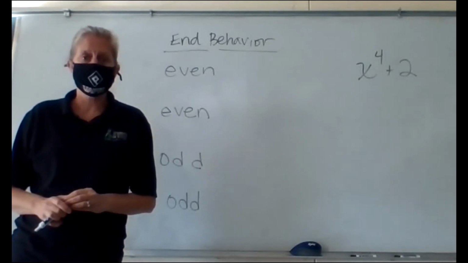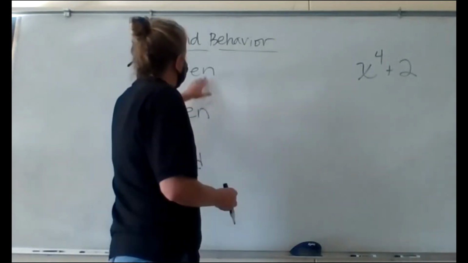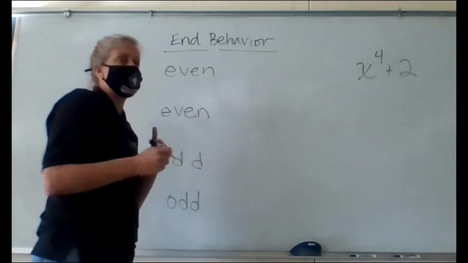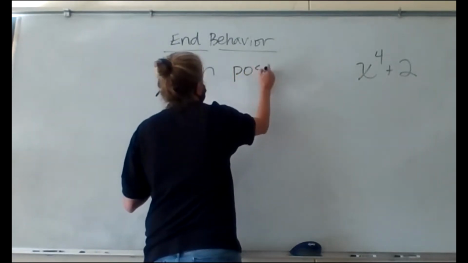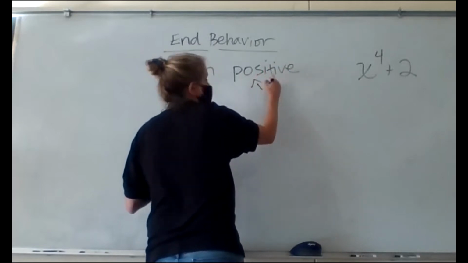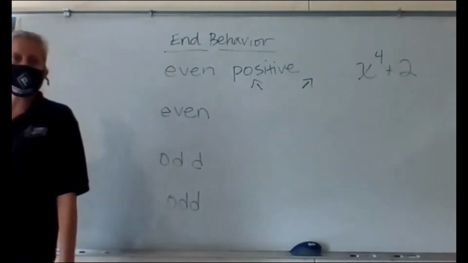Either both up or both down. So that's both even. Now, to tell whether they're going up or down is whether or not the term is positive or negative. So if you are even and positive, the ends of your graph are both going to be going up.